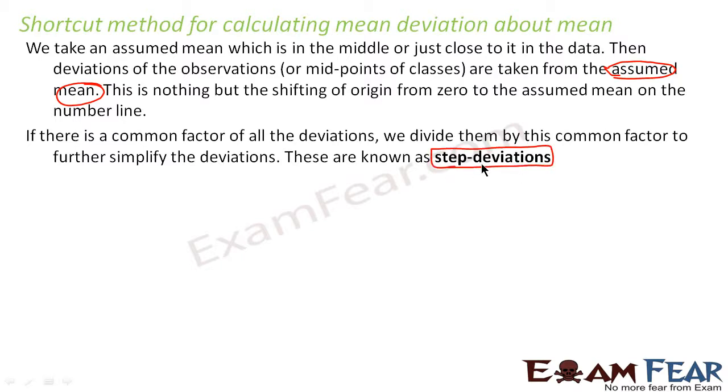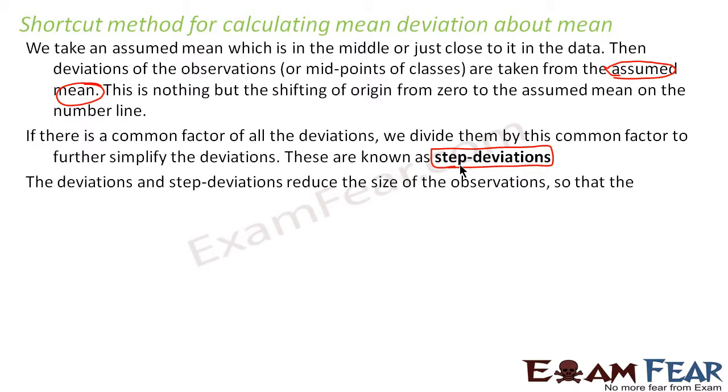It's not mandatory, but if the data is very big, for example 1 lakh, 1000, in that case we can divide by that value, then the data will come into this form 1, 2, 3, 4, which is easy to handle. If you have data in the form 1000, 2000, 3000, it's difficult to handle, but data in the form 1, 2, 3 is easy. So we divide the data by that number to get it in a simpler form. That step is called step deviation, right?